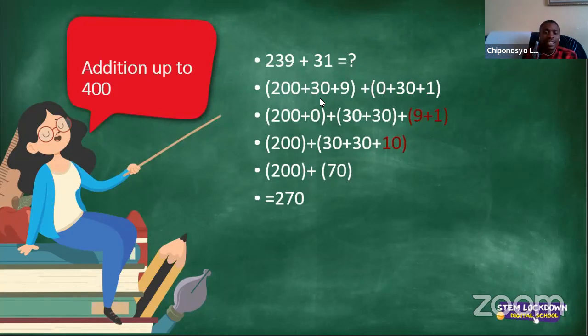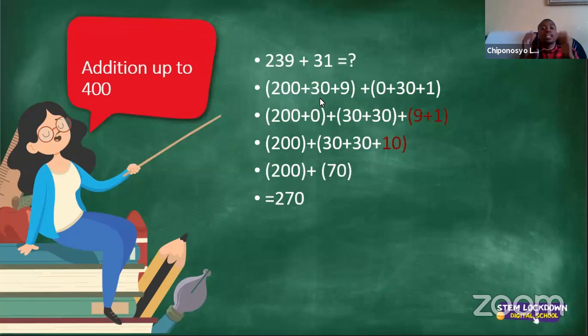But what happened is that 9 plus 1 gives us 10. Because 9 plus 1 is equal to 10, it has to be added to the tens. So we're going to add that 10 to the other tens.